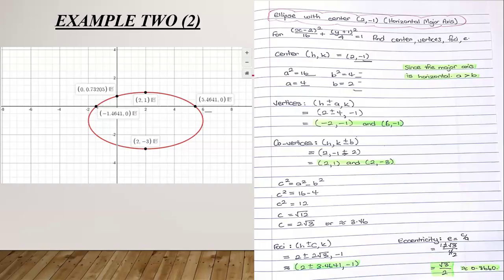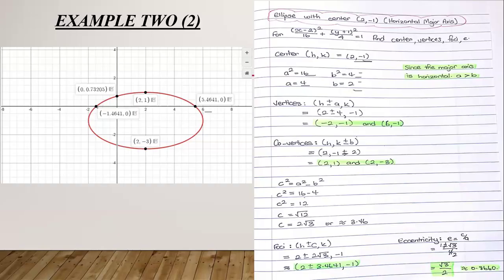So moving on, we have c squared is equal to a squared minus b squared. So c squared, we know that a squared is 16, and we know that b squared is 4. So c squared is equal to 12. 16 minus 4 is 12. c is equal to the square root of 12, which will give us 2 square root 3.